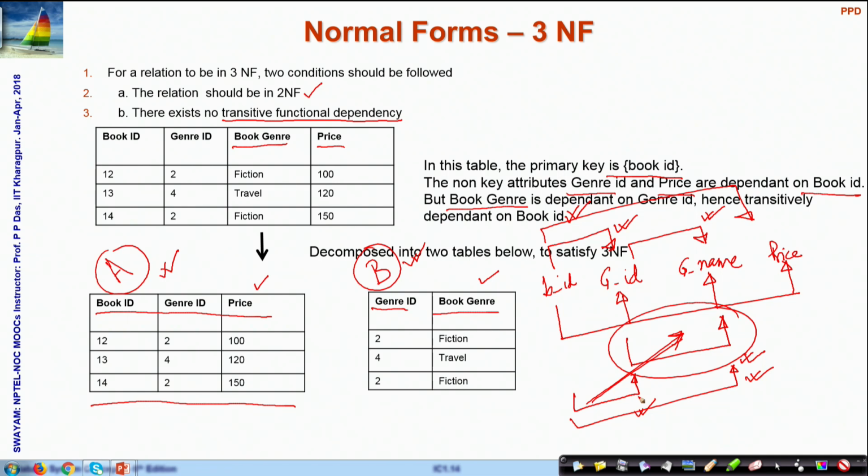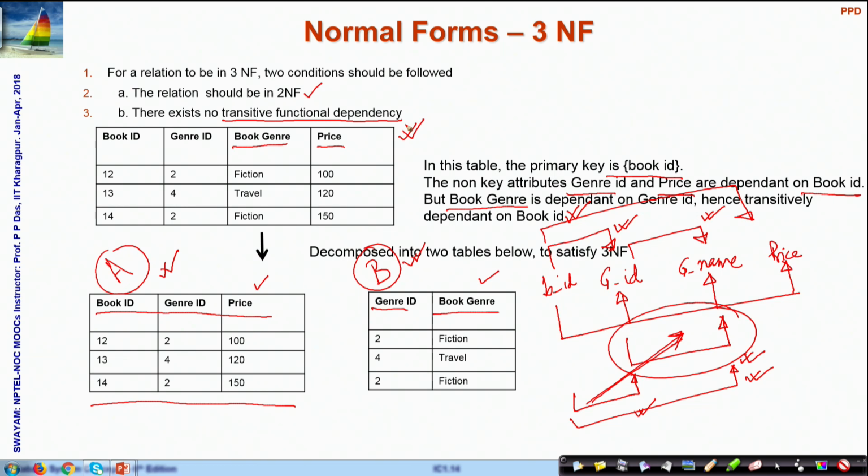So, this clearly gives me the fact that this decomposition will preserve the functional dependencies, that all dependencies which could be checked on the original table are preserved.